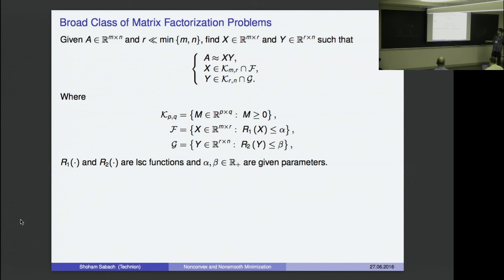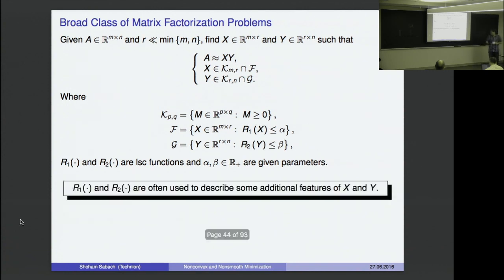So we assume that the matrix X satisfies this constraint, and the matrix Y satisfies this constraint. These are additional requirements on the solution, except for non-negativity. For example, if you want to add sparsity or any other regularization to the problem, you can add it in the constraints R1 and R2.